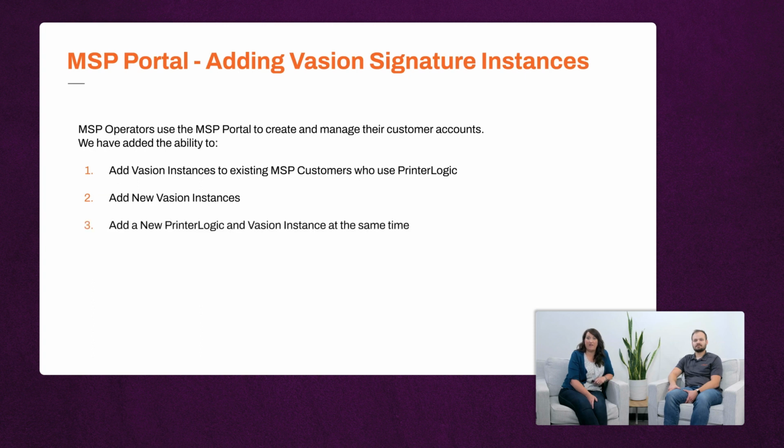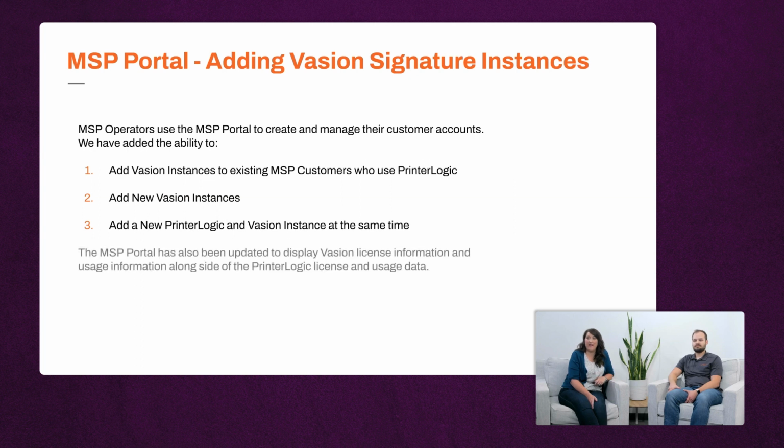And you're going to be able to add new PrinterLogic and Vasion instances at the same time. So if you have a new customer that wants to use both, then we've made that easy so you don't have to do it multiple times. And the MSP portal has also been updated to display Vasion license information and usage information alongside of the PrinterLogic license and usage data.